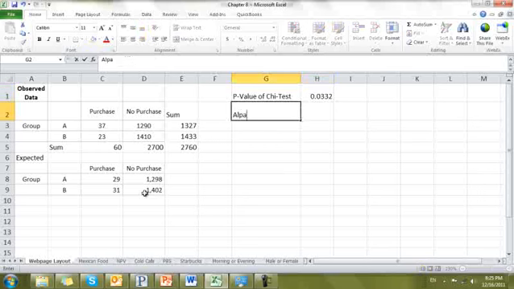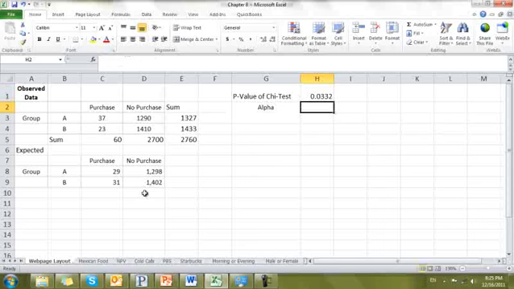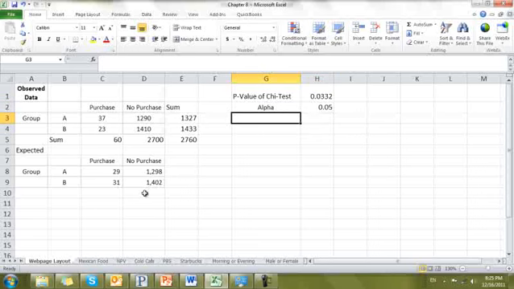What's my alpha? You know, it's 0.05, 5%. So my p-value is less than my alpha. Therefore, I'm going to have to say the differences are statistically significant. Right? First, I reject the null hypothesis.